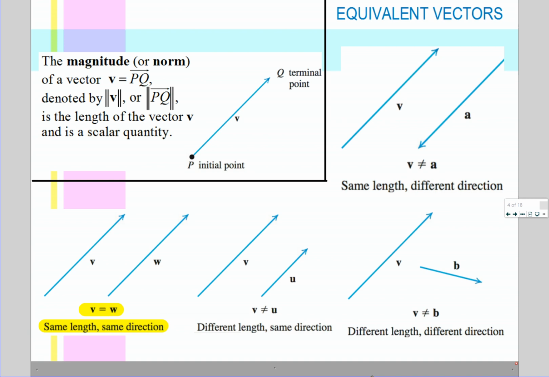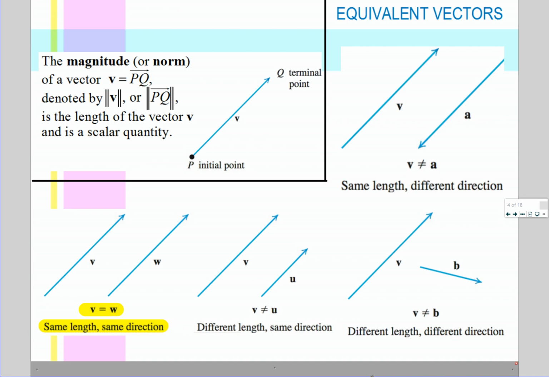You may also see 2 capital letters with an arrow over them. So vector PQ: P is where it starts, Q is where it ends, and the arrow is going from P to Q. That tells you the direction of the vector. You might see it written that way, or with just a bold-faced lowercase letter. If you see 2 bars on either side of it, that means magnitude or length of the vector.